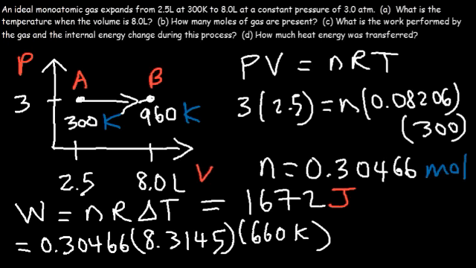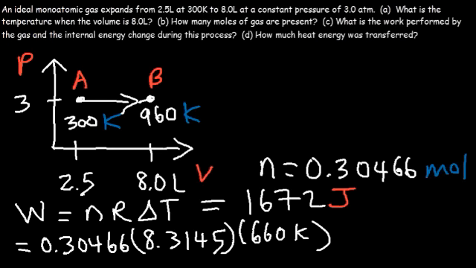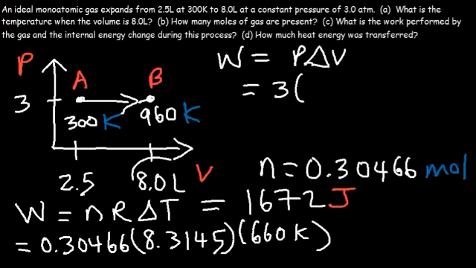Now keep in mind, you can also use this equation. W is also equal to P delta V under constant pressure conditions. So the pressure is 3, the change in volume, the final minus the initial volume, that's 8 minus 2.5, which is 5.5, times 3.